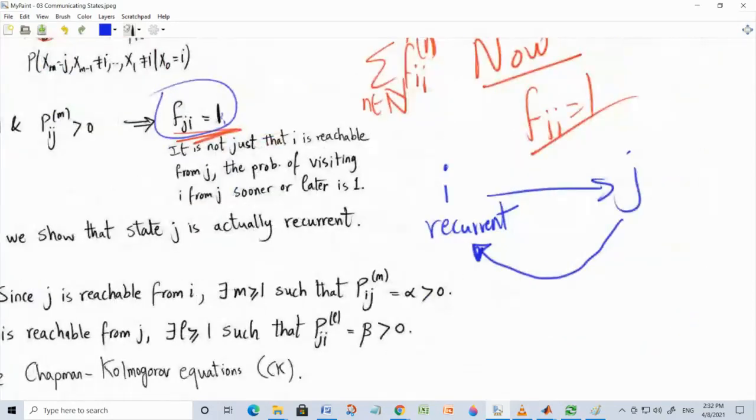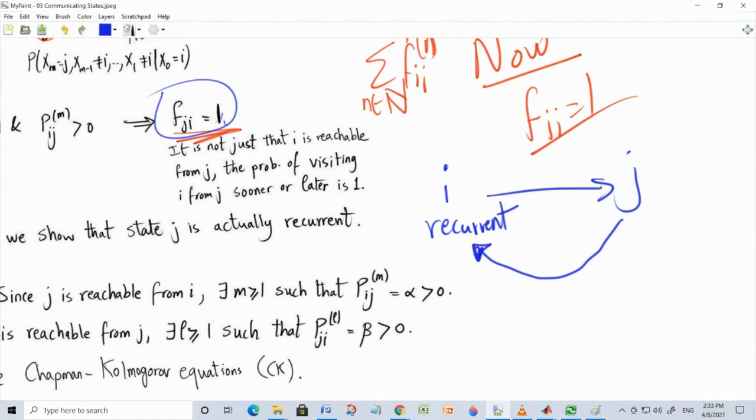That's a very nice conclusion. You start by reachability in one direction, saying that J is reachable from I, but once you have the condition that I is recurrent, you have reachability both ways. Now I and J communicate, and Fji is guaranteed to be 1.